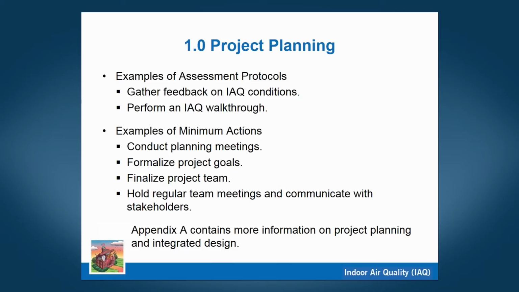And then, prior to issue number 1, it will tell you what you might need to do under minimum actions, such as planning meetings or charrettes, depending on whether it's a retrofit or new building design, or finalizing the project team and training your team members, etc. As I mentioned before, Appendix A contains significant information about project planning and integrated design.